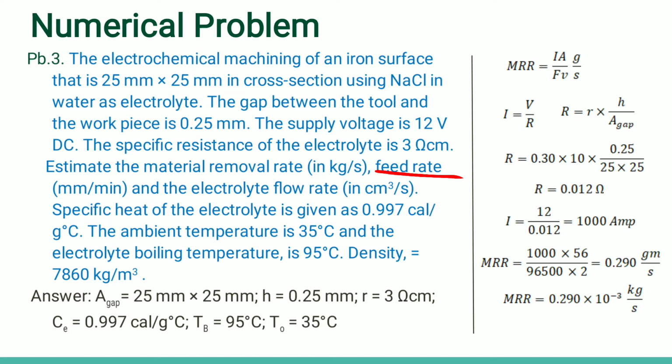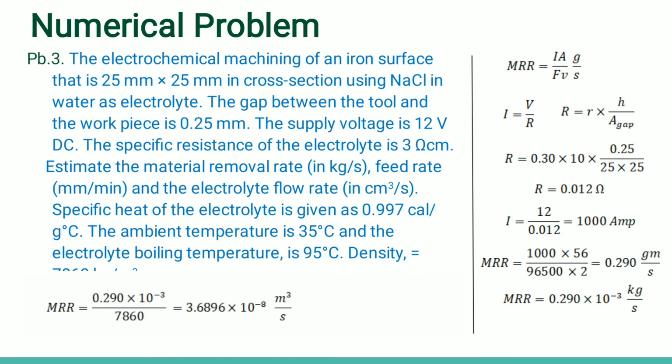Okay, so when you convert this equation, we have to divide this MRR by the density. So when you divide it by 7860, that is given to you for iron in kg per meter cube, the kg will cancel out, and the final MRR will be in meter cube per second.